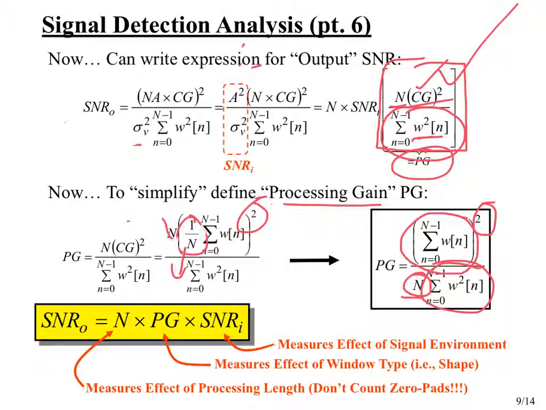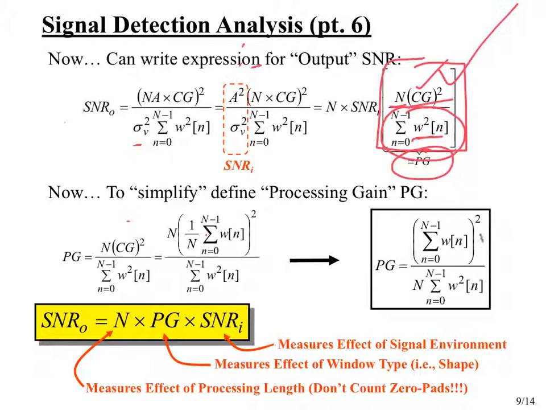So don't worry too much about, well, what does that mean? We'll interpret what this processing gain does for us. This box here is just so that you can see that it involves the window, and it involves summing it and then squaring it and then summing it. So what we've done is we've got a nice little result here.